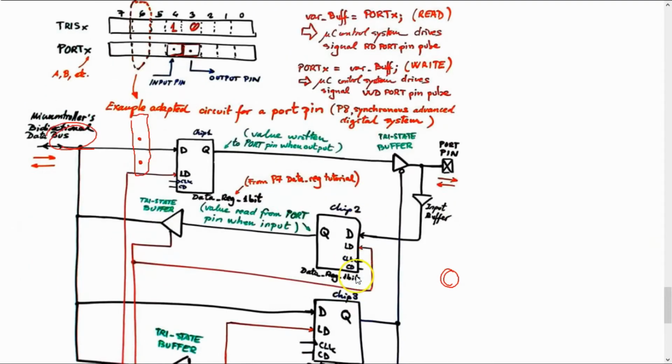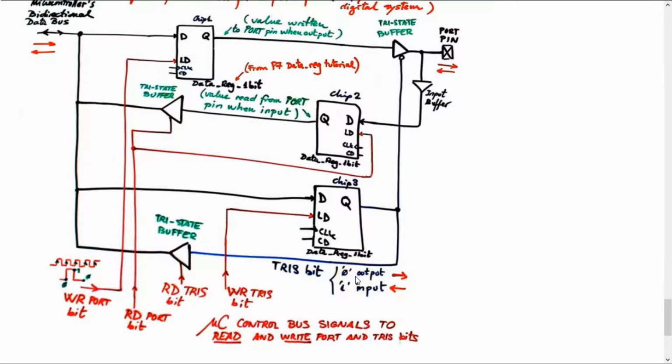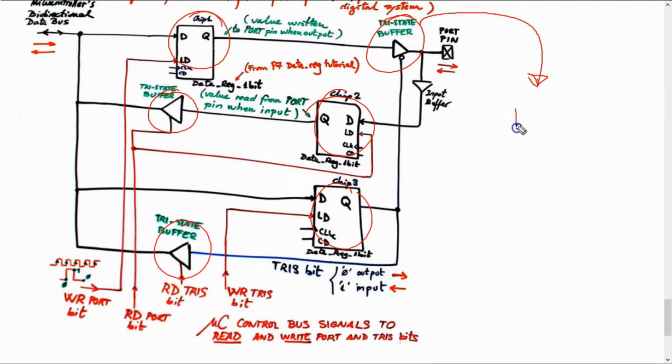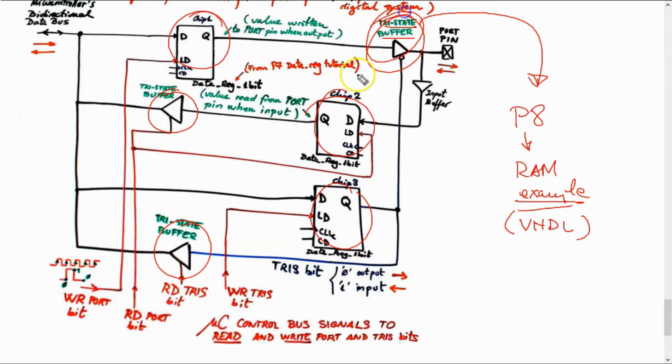So finally, this circuit is composed of some flip-flops and, logically, some three-state gates. The way to implement the three-state gates is explained in P8 and in a RAM example. In the RAM example, you see how to implement a three-state buffer in VHDL. That is where you can find how to implement three-state buffers in VHDL.